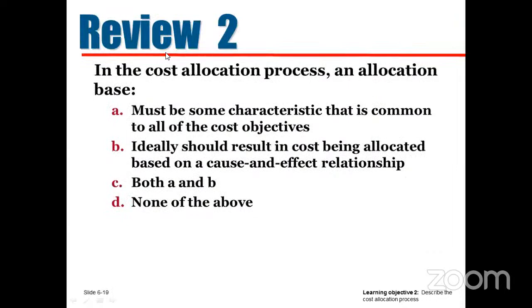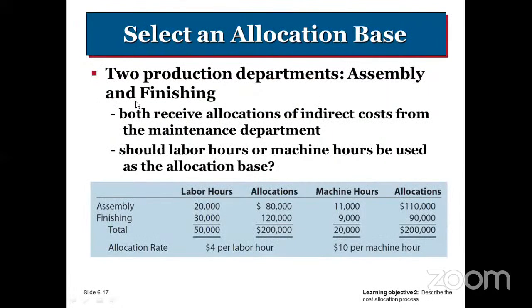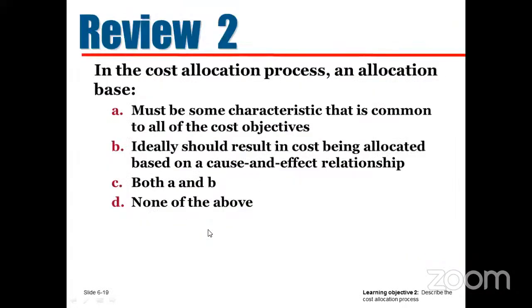Here we just do an exercise on the cost allocation process and allocation base. Just now we said the base must have the same characteristics that is common to all other costs of the objective.